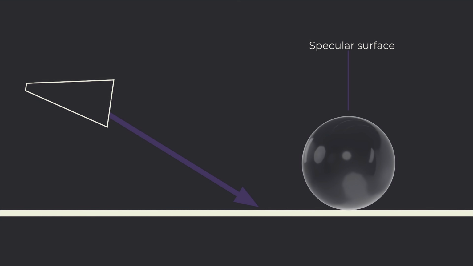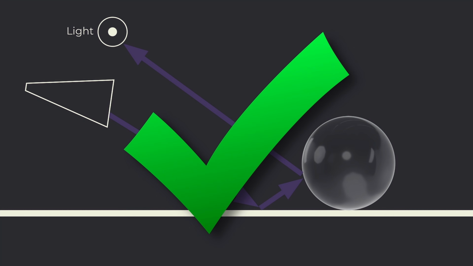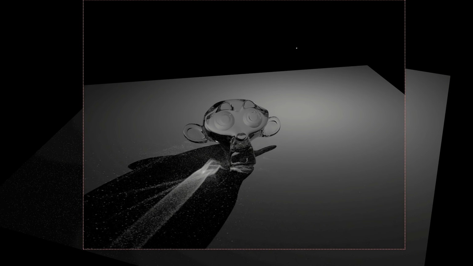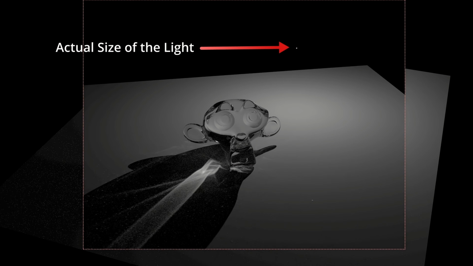This ray would then need to hit a reflective or refractive surface like a glass or a mirror where it bounces into a determined direction. If this ray then lands on the light source, you will get a caustic. To our disadvantage, the cool looking caustics are usually caused by small light sources, which makes it even harder for the path tracer to get a caustic ray.